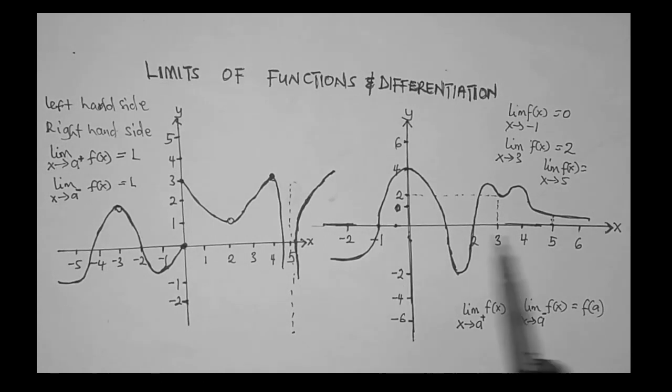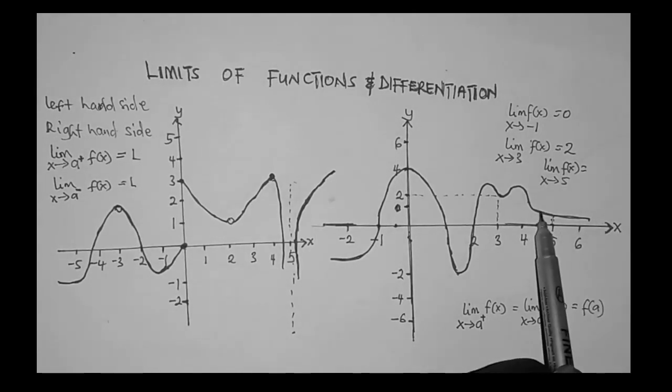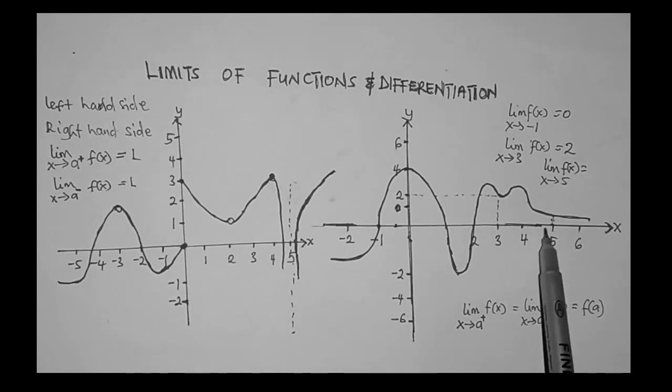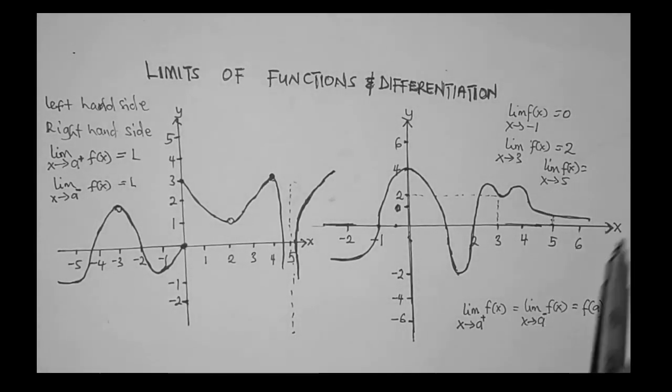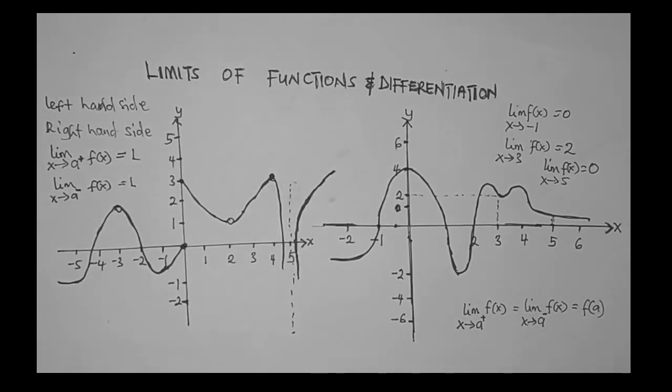As x approaches 5, you see that the function is decreasing until it gets to 0. And therefore the limit as x approaches 5 is equal to 0. So this is the concept of limit: the value that the function f(x) approaches as x approaches a given value.